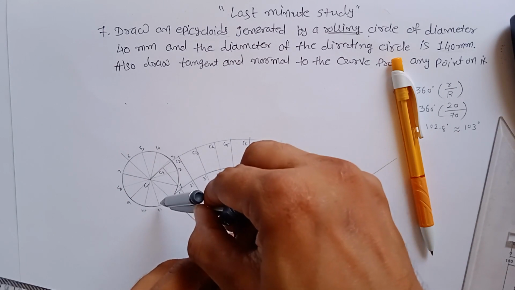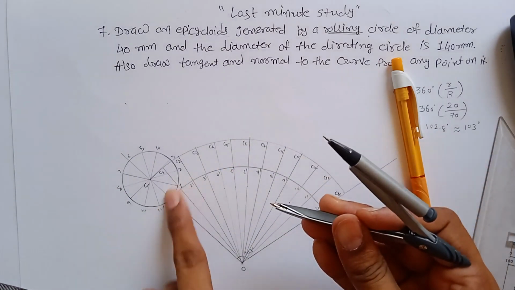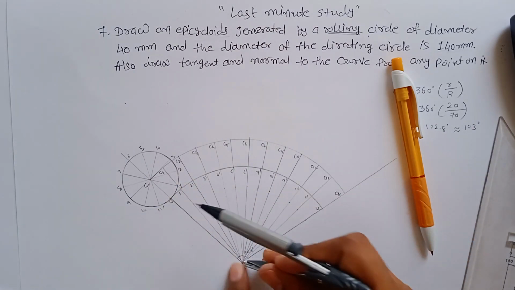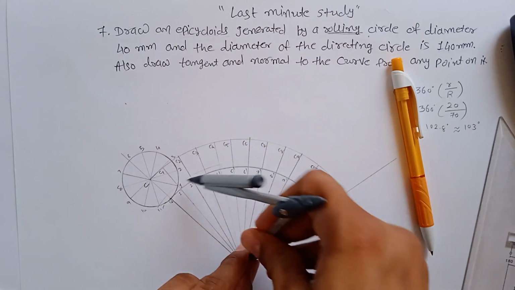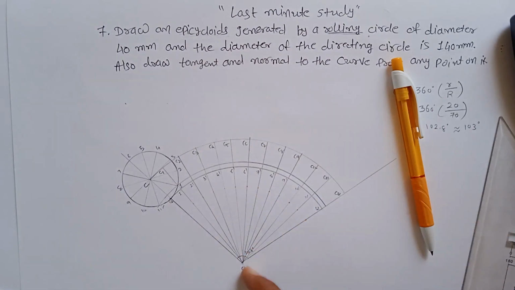If you draw an arc from 11, it must pass through 1 as well, and draw it up to the end line.